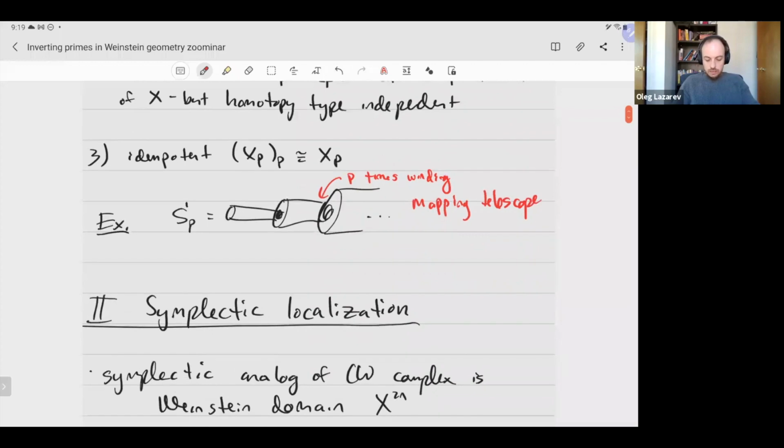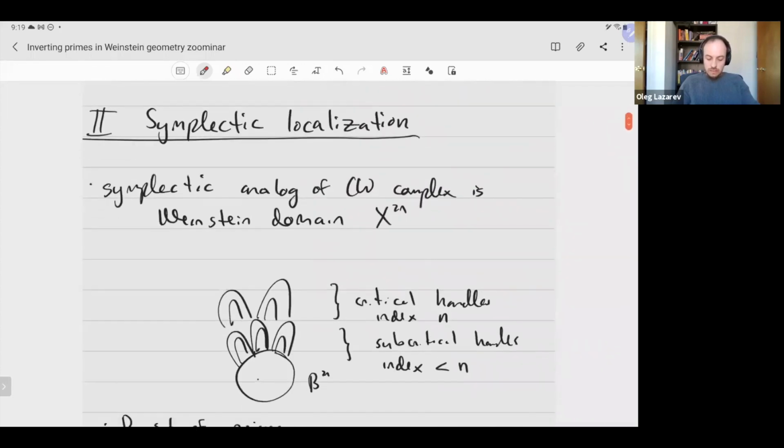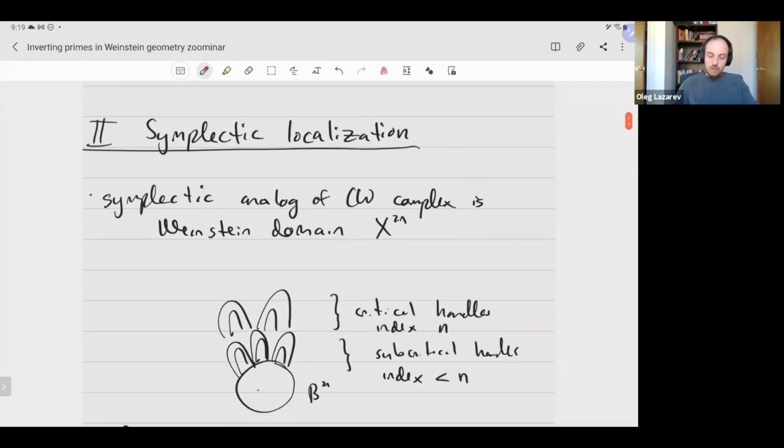First we need a symplectic analog of what a CW complex is, and that's just a Weinstein domain. Let me say what a Weinstein domain is. Basically, it's what you get by starting with a standard symplectic ball and then attaching handles along isotropic attaching spheres.